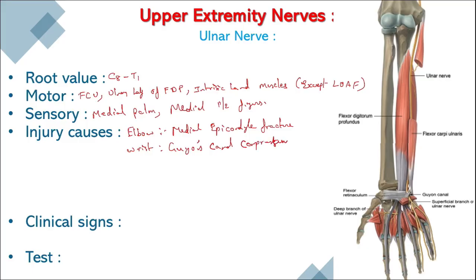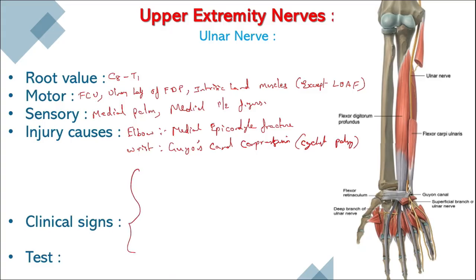Why this compression? Mostly if a patient is a cyclist we call this cyclist palsy, like repetitive movements. If a patient does repetitive movements, then that patient can get this Guyon's canal compression.